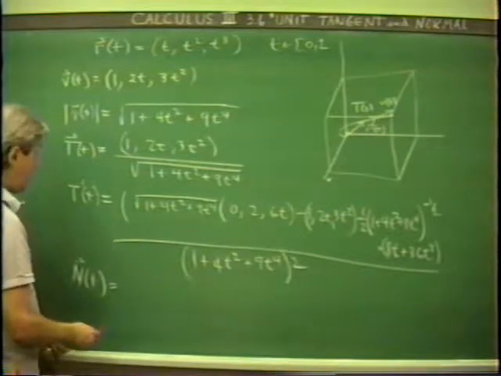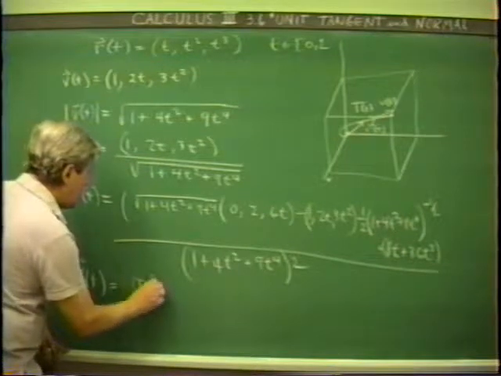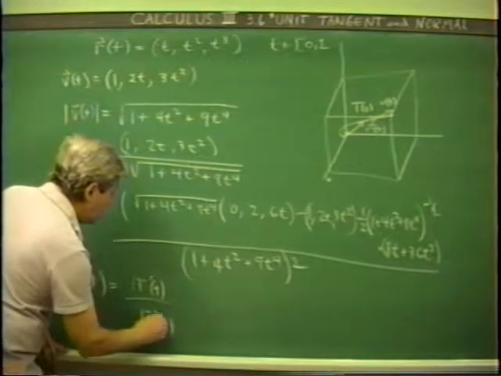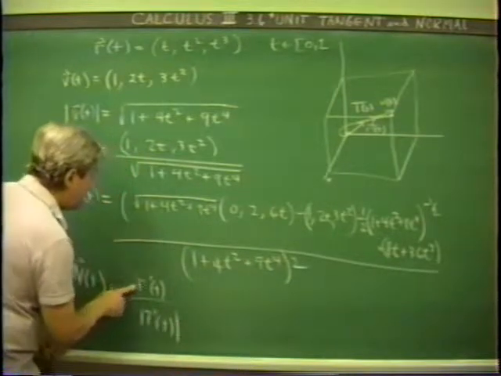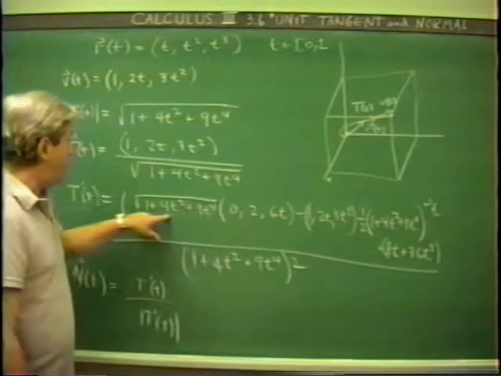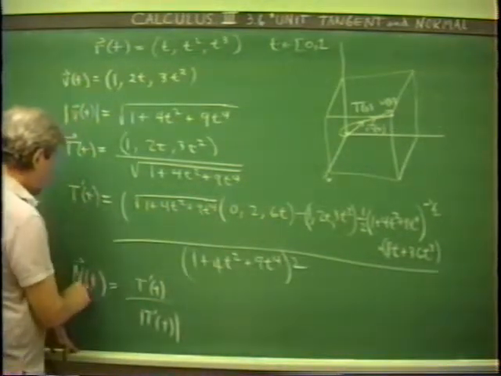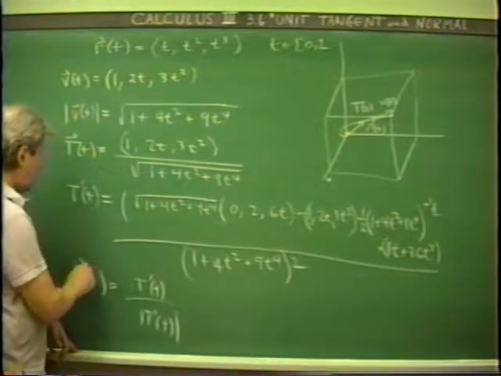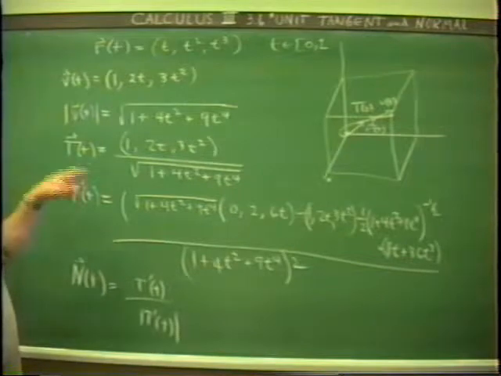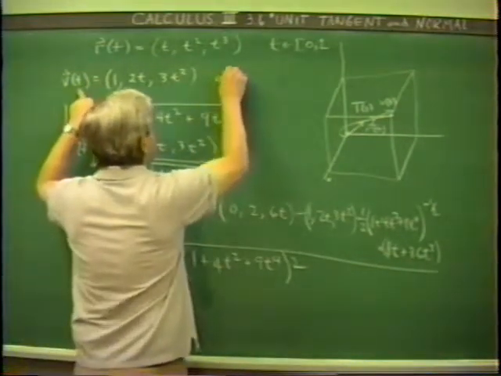Now the next thing we need to do to get N of t is to compute T prime of t divided by the magnitude of T prime of t. The magnitude of T prime of t is clearly going to be a bit messy here. We're going to want to take the x, y, and z coordinate functions here, square them, and take the square root. So this notation for N of t hides the fact that the actual computations may be messy.